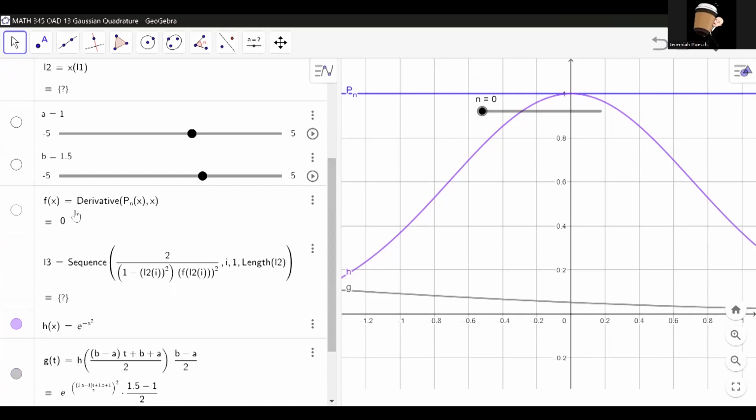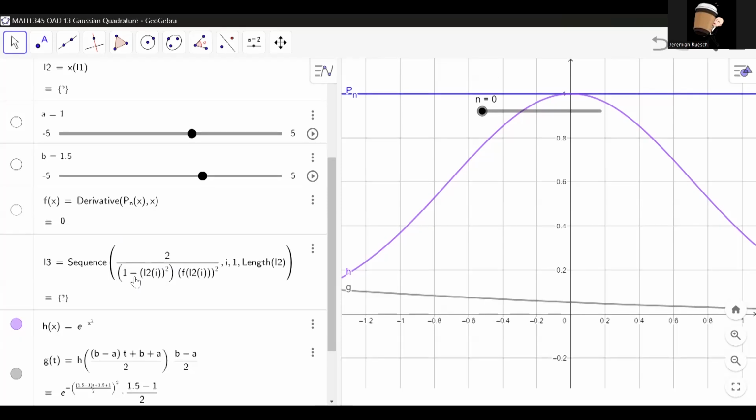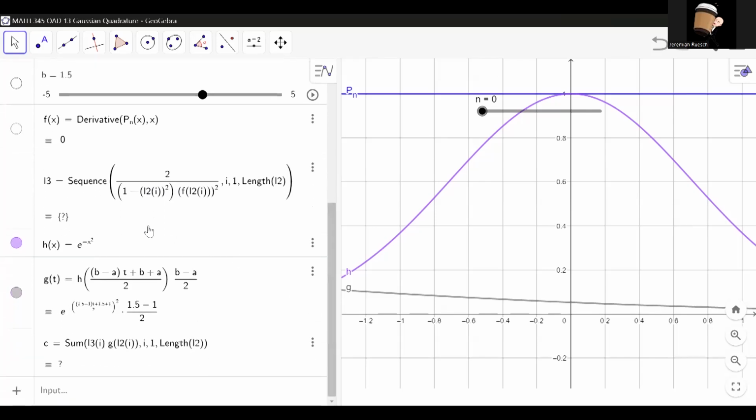I first need the derivative of the polynomial, P sub n, and then I can generate the sequence of coefficients using this relationship: 2 divided by 1 minus the x component of the root squared, times the derivative evaluated at that root squared. And so that gives me the opportunity to compute each of the c_i.